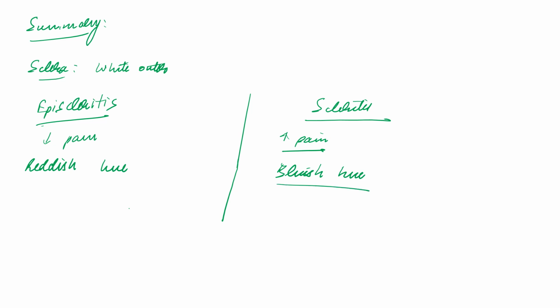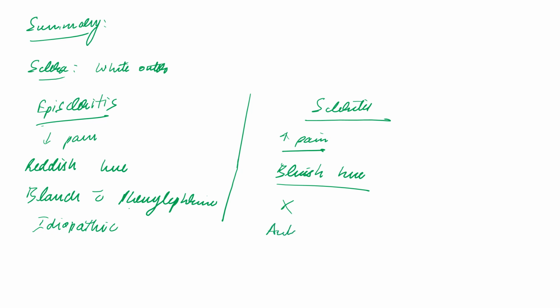In case of episcleritis, the vessels blanch with phenylephrine, whereas the vessels don't blanch with phenylephrine in case of scleritis. Remember, episcleritis is usually idiopathic, whereas in case of scleritis, there will be associated autoimmune connective tissue diseases in 50% of the cases.